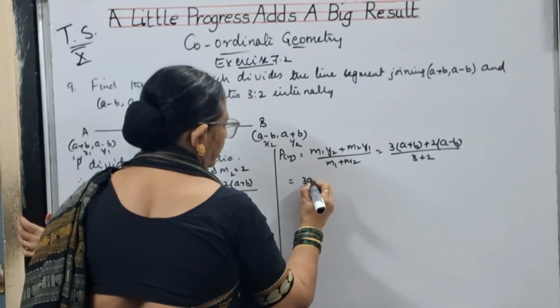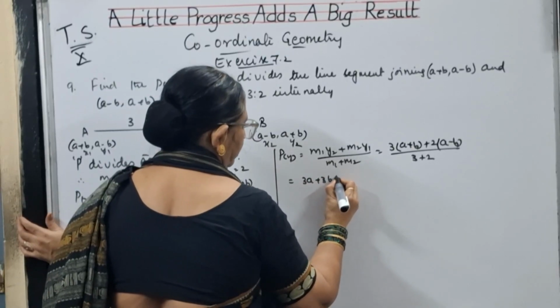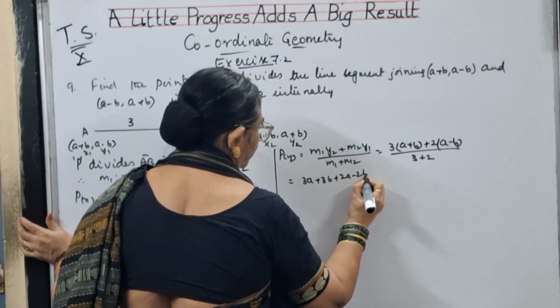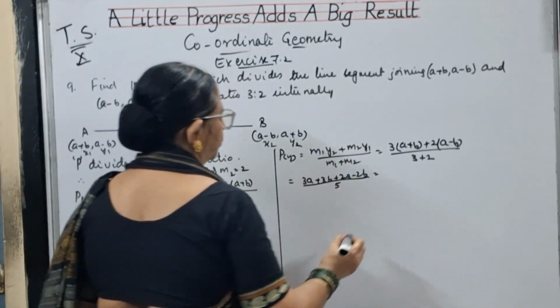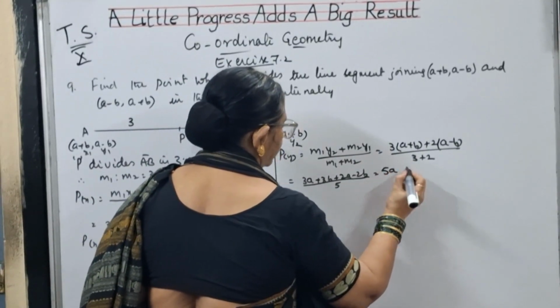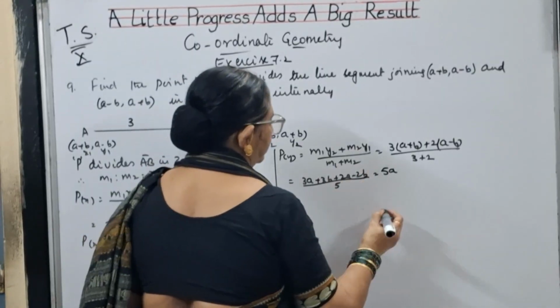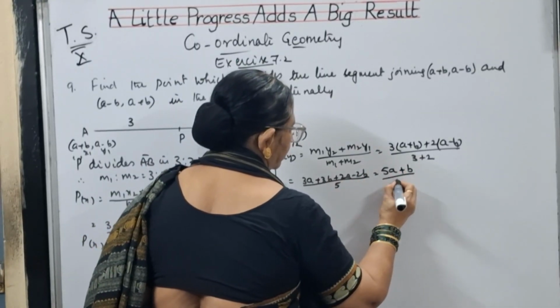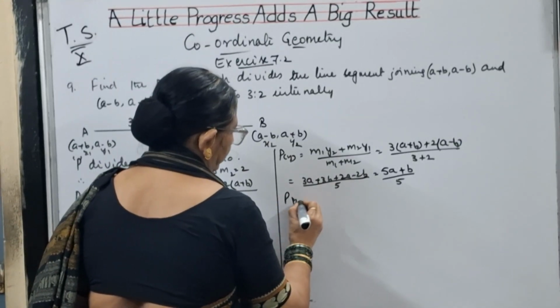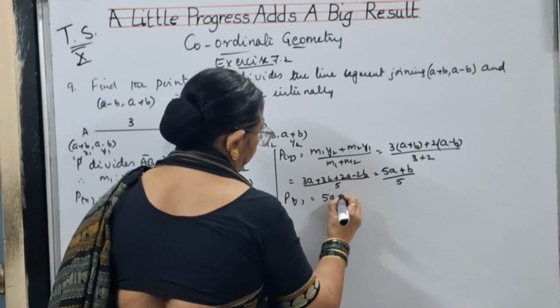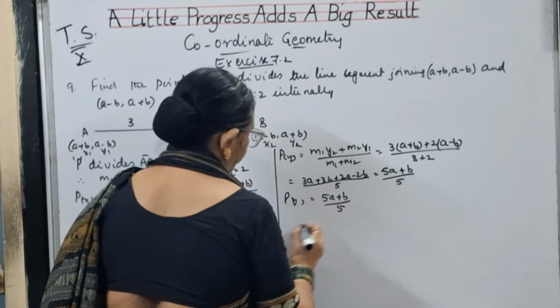That is equal to (3a plus 3b plus 2a minus 2b) by 5. So 3a plus 2a is 5a, plus 3b minus 2b is plus b, 5 by 5. So p of y is equal to (5a plus b) by 5.